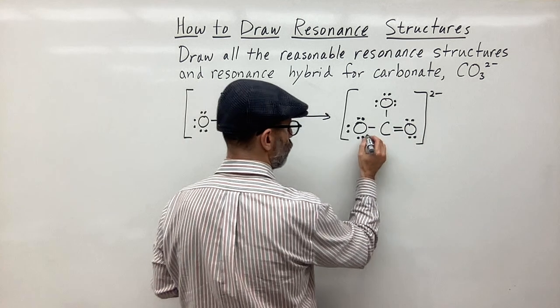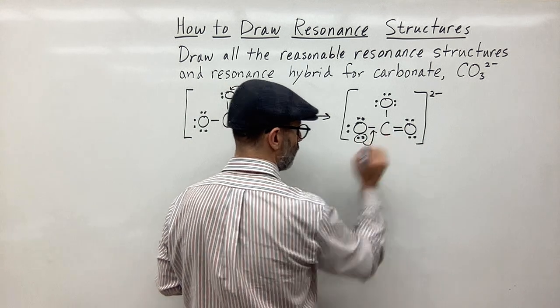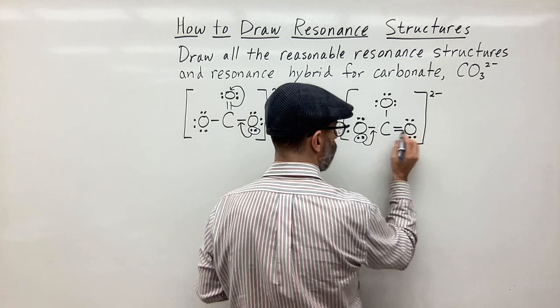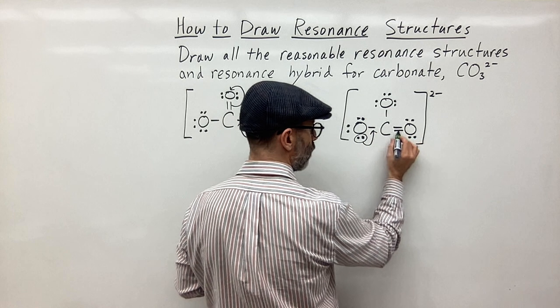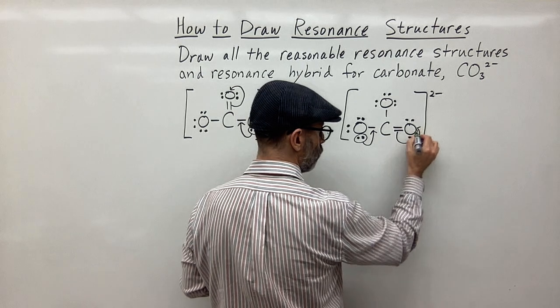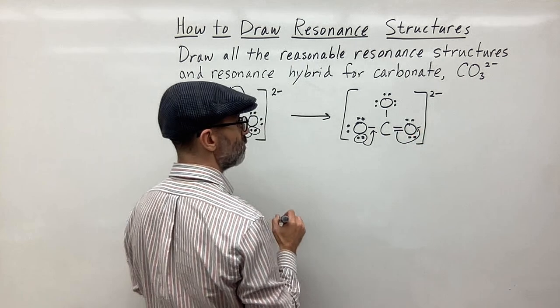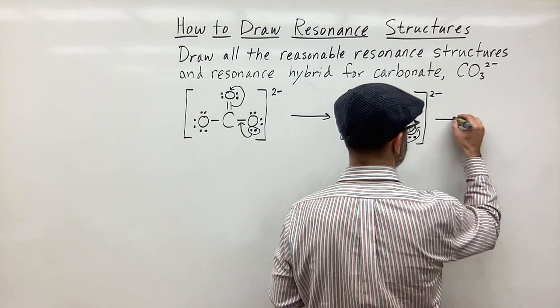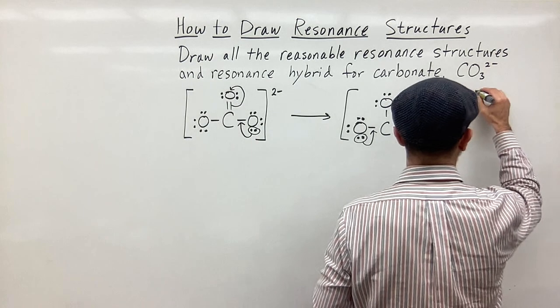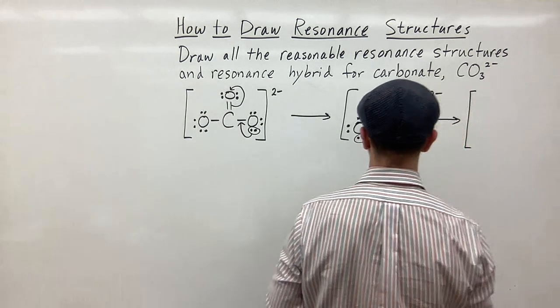So those electrons form a double bond. That means one pair of electrons in one of the bonds here is going to move and become a lone pair.